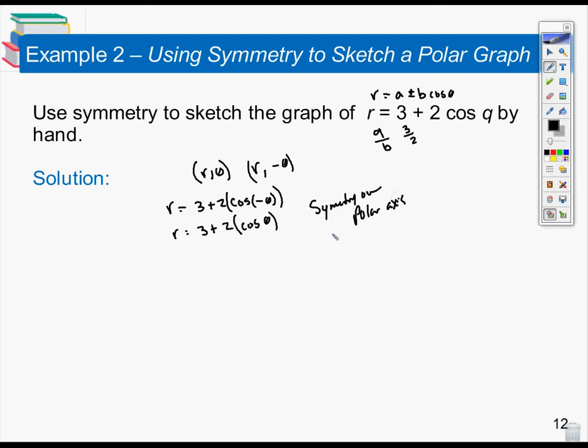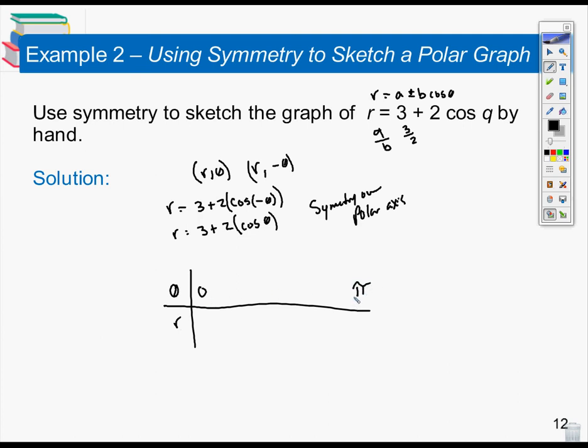Okay, and that's going to help me with graphing because I don't have to worry about plotting all of the points from 0 to 2 pi. Now I can just worry about making a table that's going to show theta values and r values going from 0 up to pi.